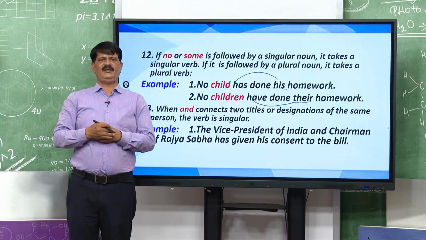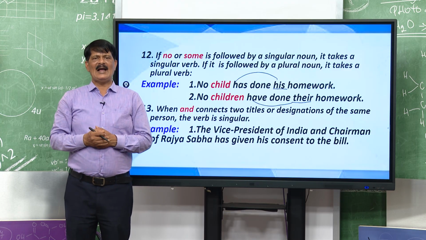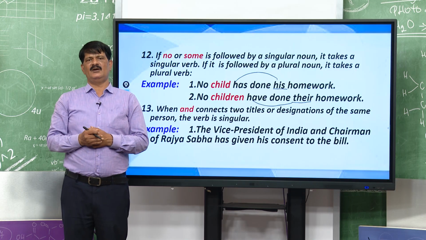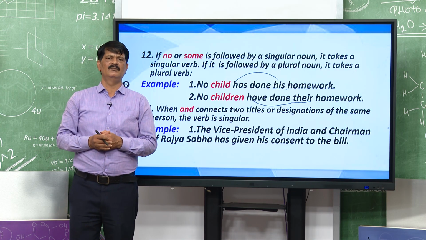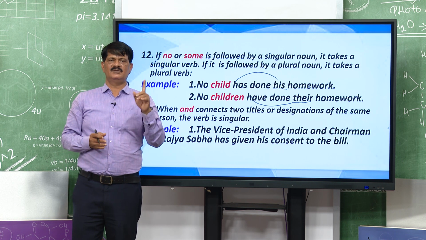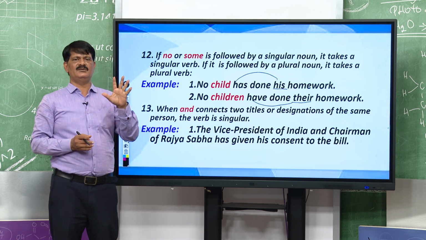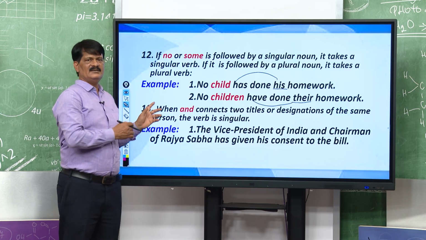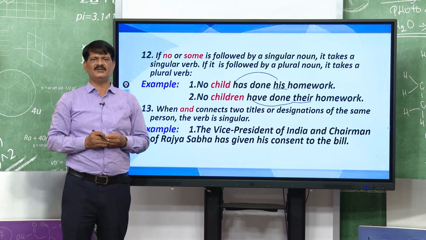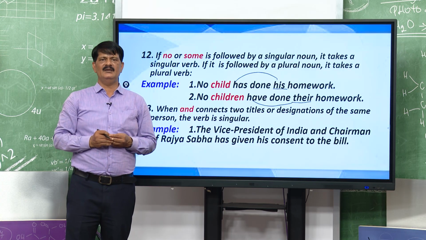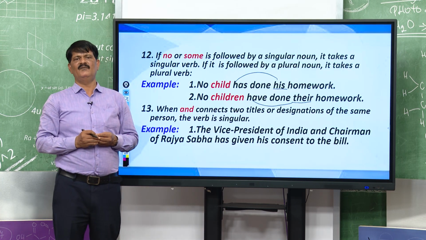Number 13: when and connects two titles or designations of the same person, the verb is singular. This is also important. The example: the Vice President of India and the Chairman of Rajya Sabha has given his consent to the bill.